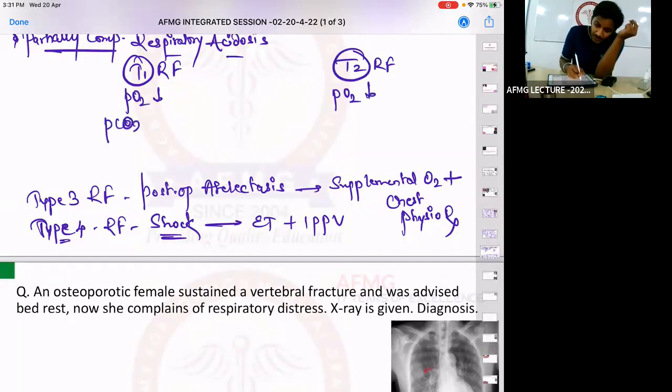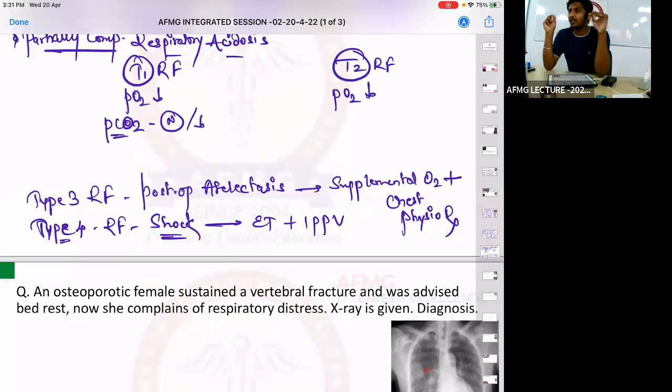PCO2 levels in type 1 respiratory failure would be normal or even decreased. In type 1, the patient will have hyperventilation. The respiratory rate will increase, and due to that, the carbon dioxide is washed out of the body. Therefore, the PCO2 level is normal or decreased.